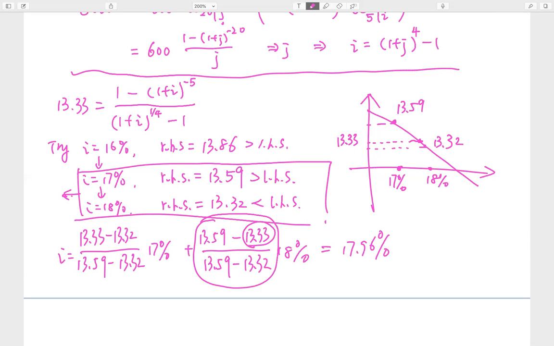This is when you don't have actual software to get the number. I expect all of you to understand this, because for the exam, usually I give you a range, right? So it's between 17 and 18. So it's possible that you may not get the exact answer, but it's relatively easy to get a range. It's between something and something, right?